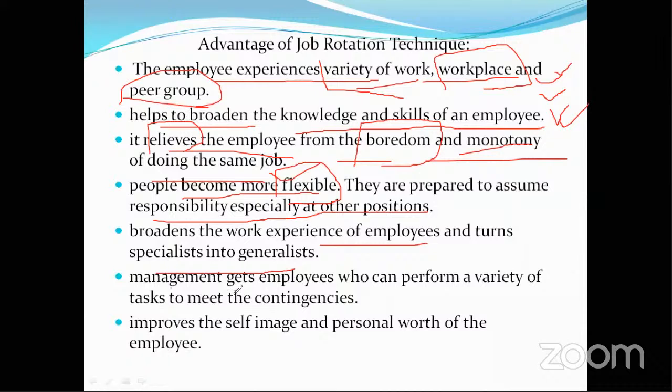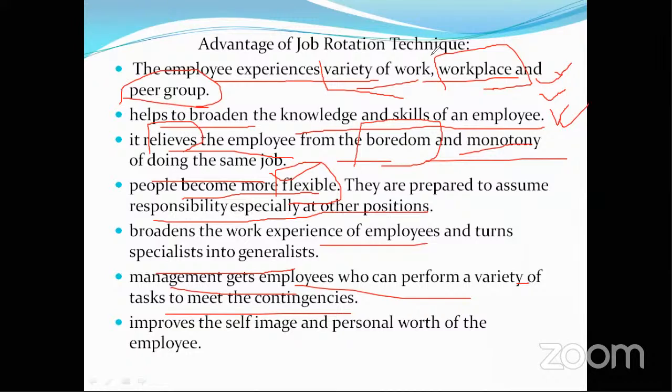So management gets employees who can perform a variety of tasks to meet the contingencies. So in case of emergencies, the driver who is driving a bus can be used to meet the challenge of driving a jeep or a car or a van.